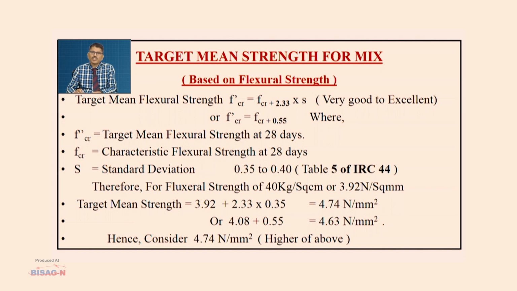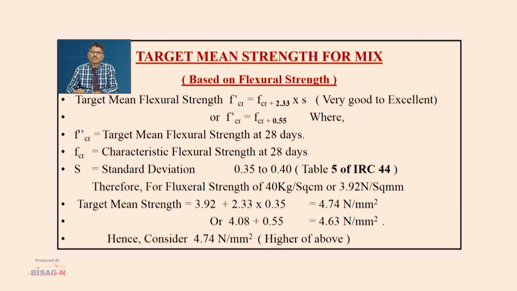S is the standard deviation. There is no past data of tests available for standard deviation. Hence I have taken an assumed standard deviation as per IRC 44, 4.7 for M40. It can vary from 0.35 to 0.4.